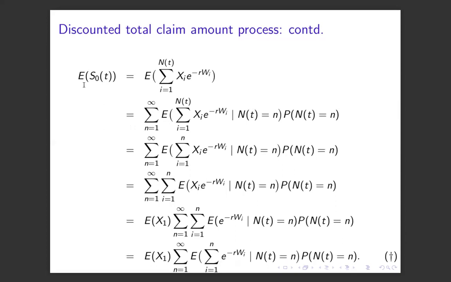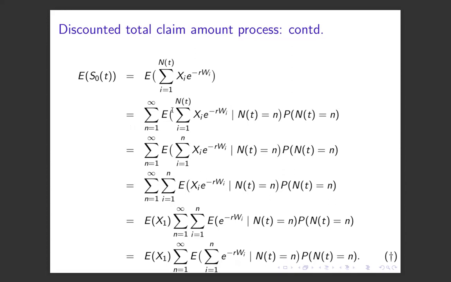Okay. So the expectation of S_0t, by its definition, is this. Now we just condition with respect to NT equal to n.